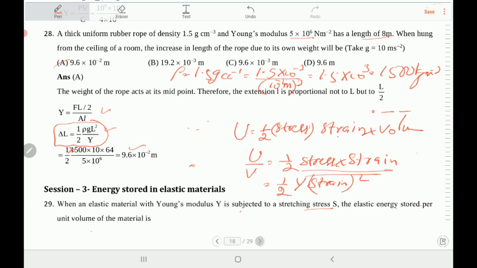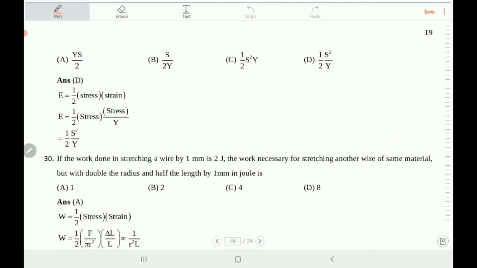Now we'll come to the solution part. It's very simple. As I told you, this is potential energy per unit volume, half into stress into strain. For strain, what do you write? Young's modulus is stress divided by strain.